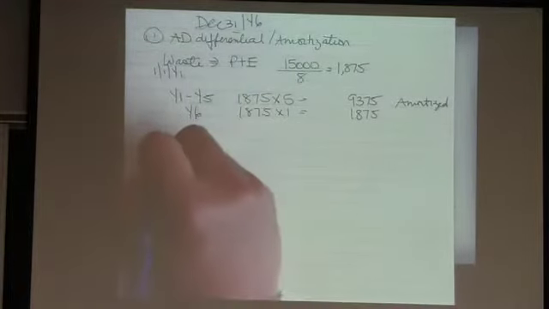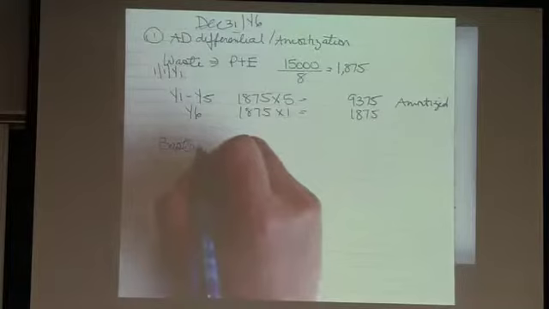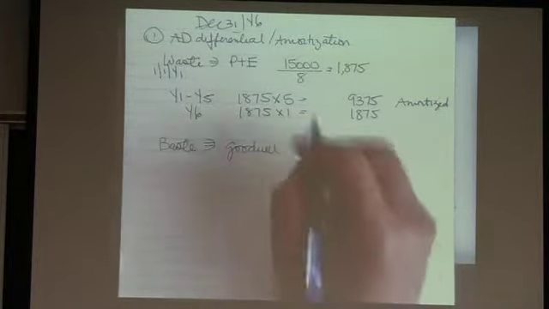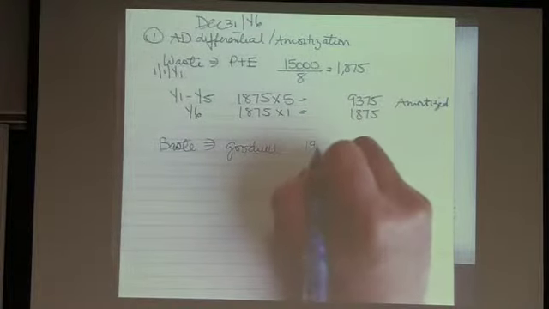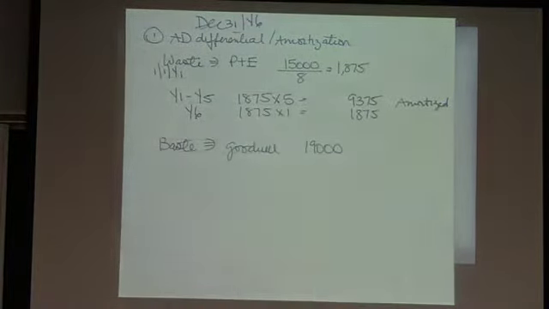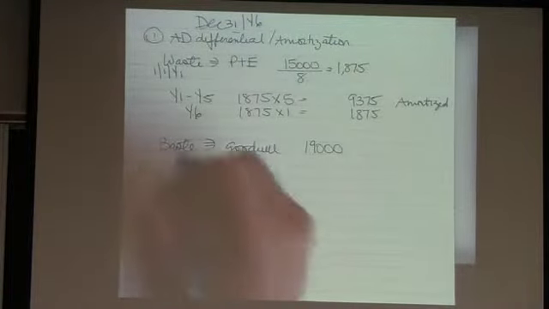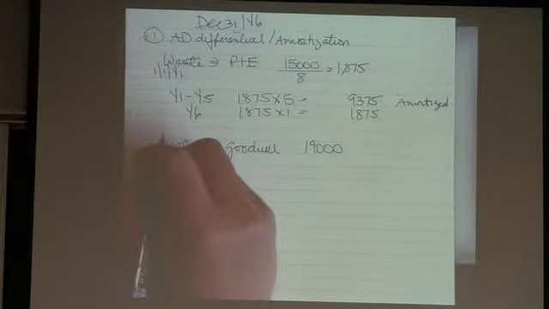Now, for the base acquisition, we know that all of that was just goodwill, and the value of the goodwill was $19,000. Goodwill, as we know, is not amortized. It's tested for impairment. So in this case, we bought it on December 31st, year 3.